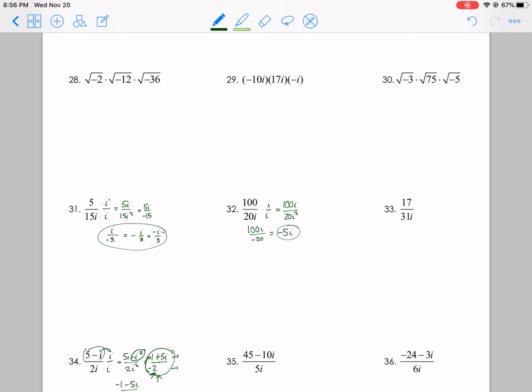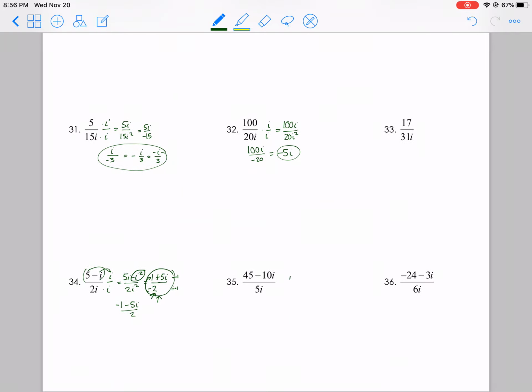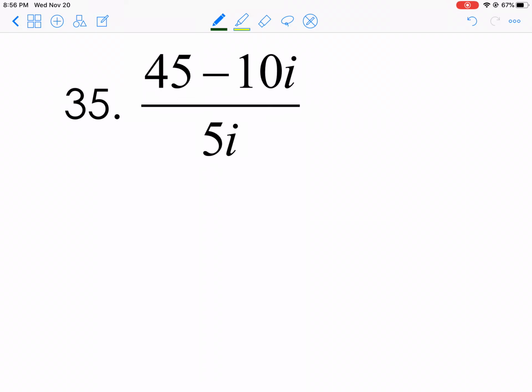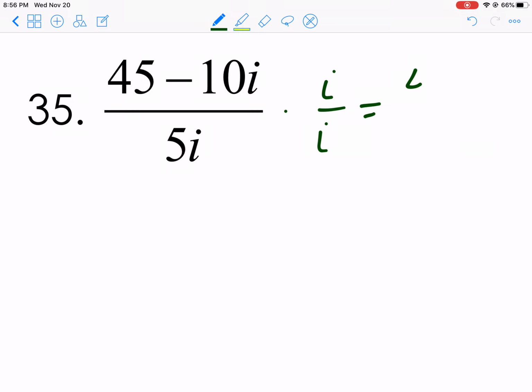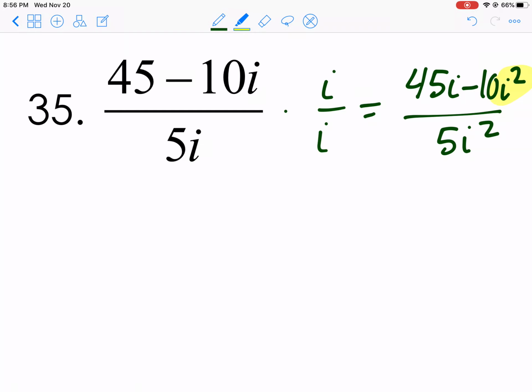I don't know if there are any others that you're super anxious to see. Let's try this 35. So we'll multiply the top and bottom by i. The numerator will become 45i minus 10i squared. The denominator, 5i squared. Let's simplify the i squareds.